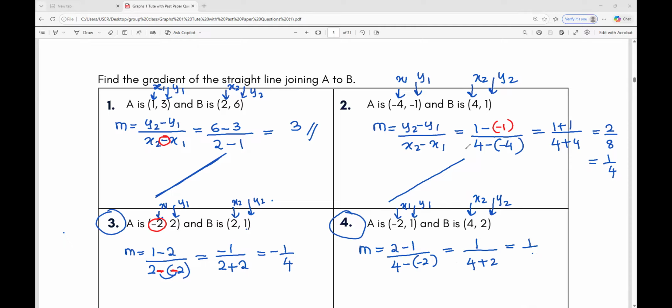That is 1 over 6. 1 over 6 is correct. It is a positive gradient. Third one negative gradient. So the line is like this way.